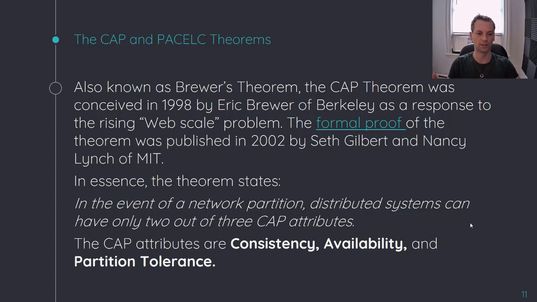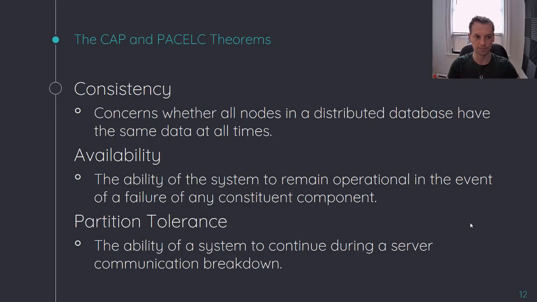There's a formal proof for this that is going to be linked inside of the bibliography if you want to read it. But in essence, the theorem states, in the event of a network partition, distributed systems can have only 2 out of the 3 CAP attributes. And those attributes are consistency, availability, and partition tolerance.